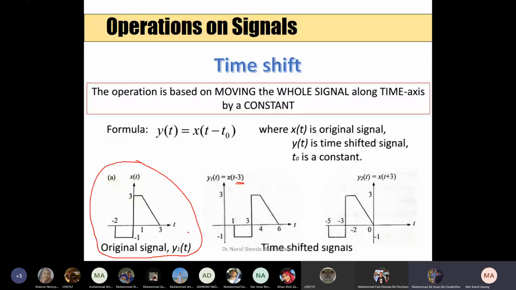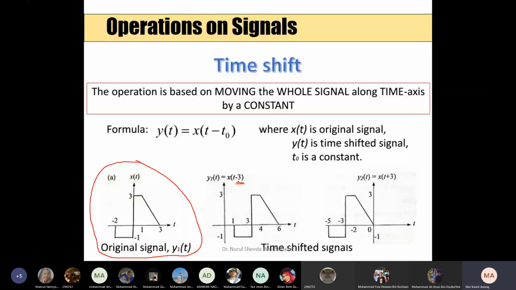So this signal can be written as y of t is equal to x of t minus 3. So at t equal to 0, 0 minus 3 is x of minus 3.